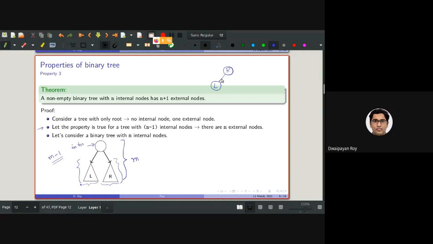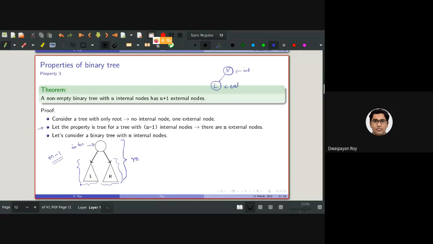What will be the relation here? Root is internal and L is external.